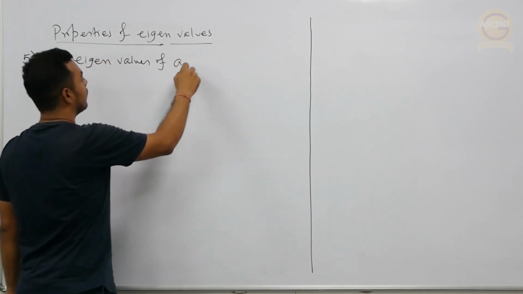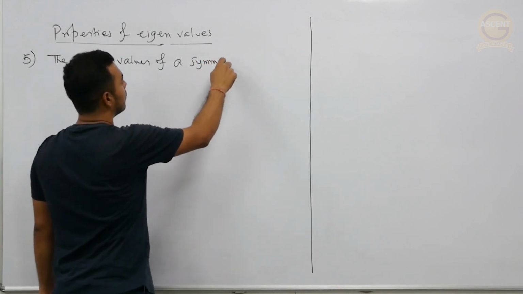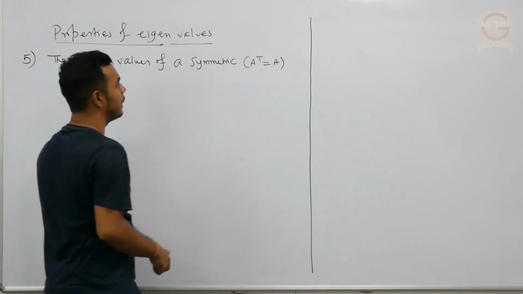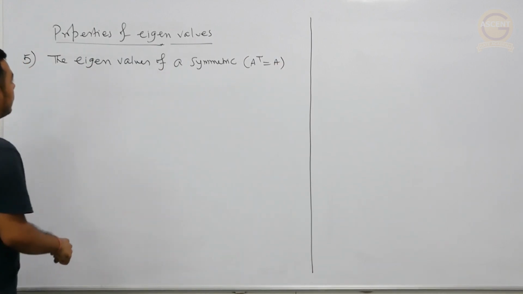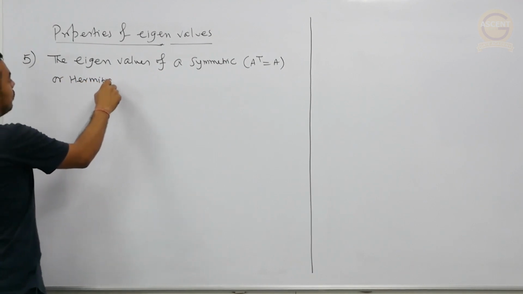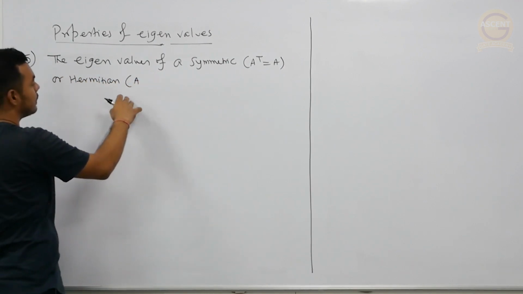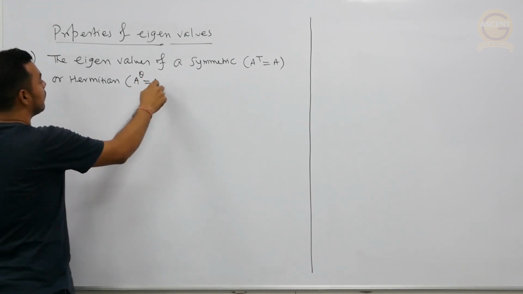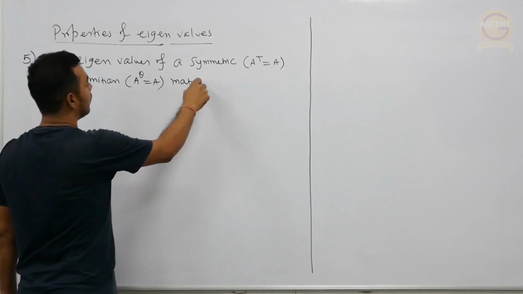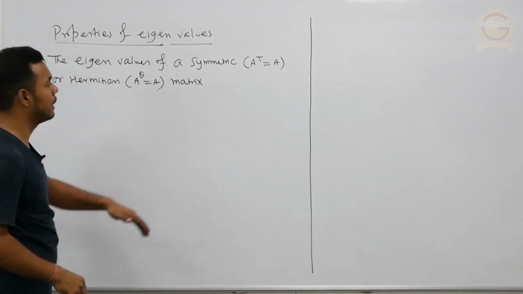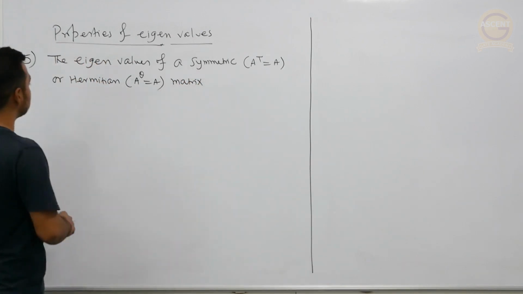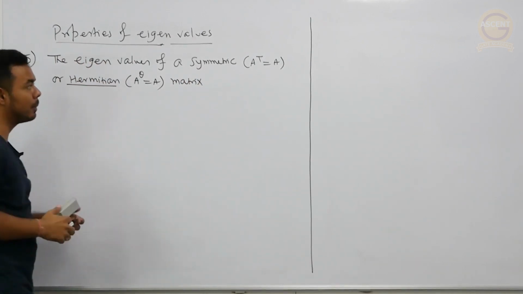of a symmetric matrix, which means A transpose is A. This we have discussed earlier. So the eigenvalues of a symmetric or Hermitian matrix, where the definition of Hermitian was that the conjugate transpose of A is matrix A. The symmetric matrix is applicable for matrices of real numbers, and if you have a matrix of complex numbers, then the word Hermitian will be applicable.